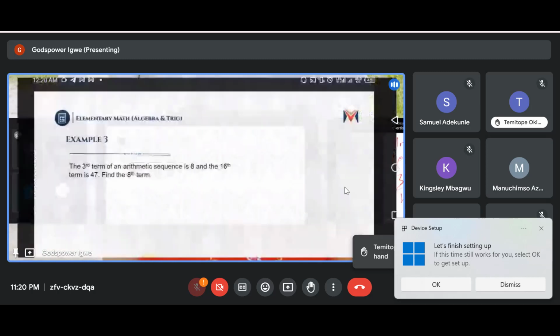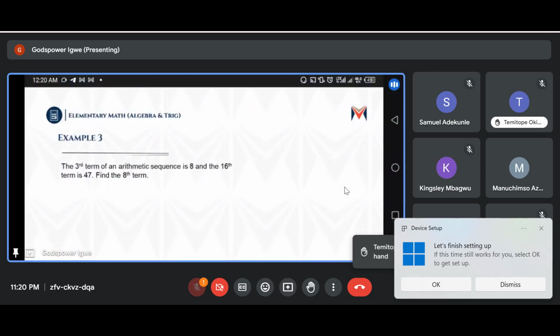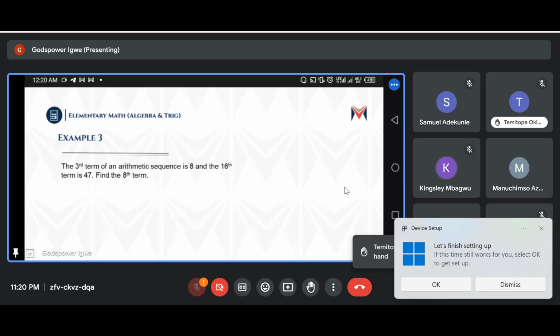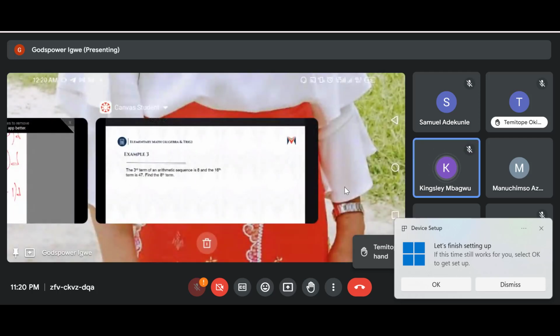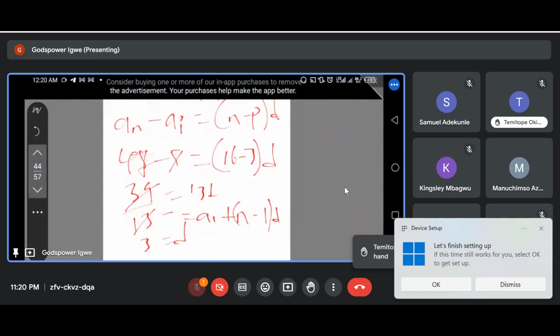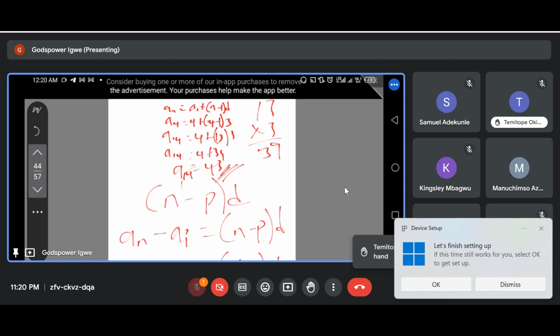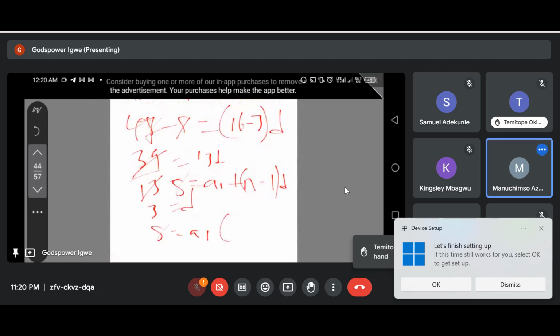So the third term we are using now, is it 8 or 3? Whatever you want. The third term is 8. Yes, so we are using 8. This will now be 3 minus 1.